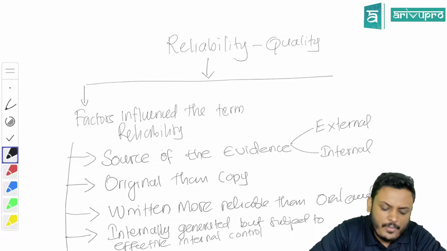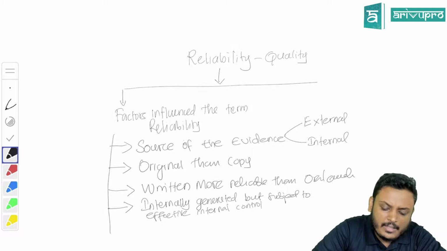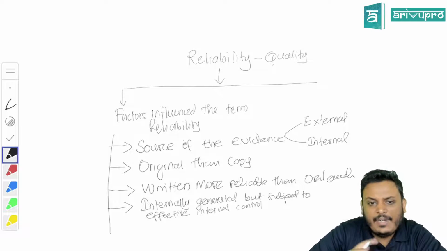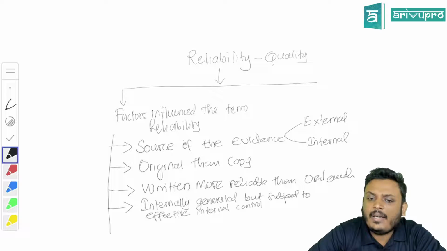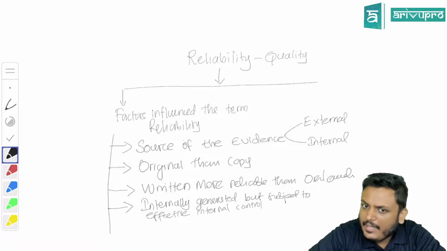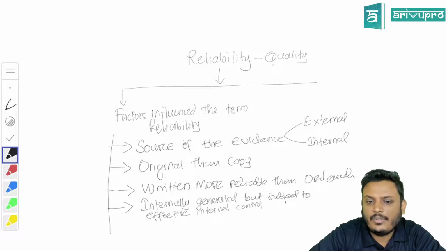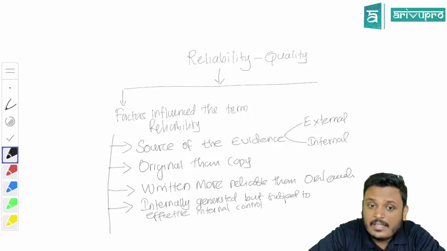Normally internally generated evidence is less reliable and external evidence is more reliable. But even if it is internally generated, if it is subject to effective internal control, then such evidence is more reliable.